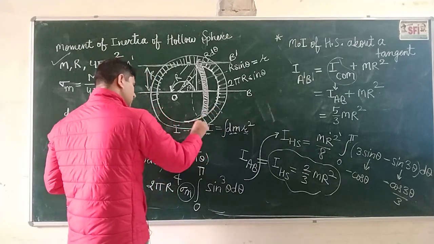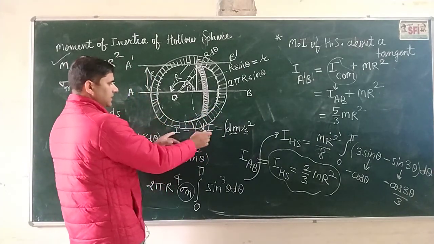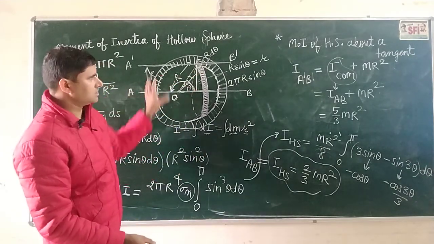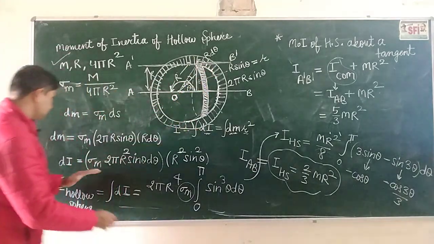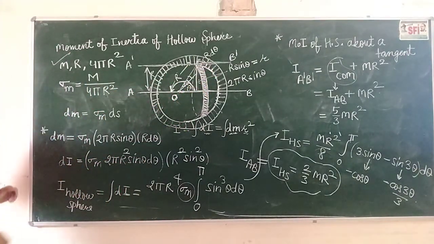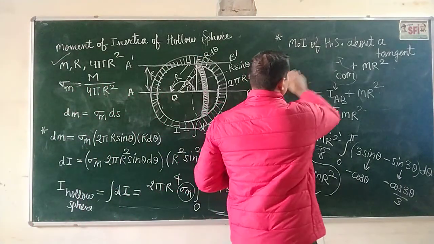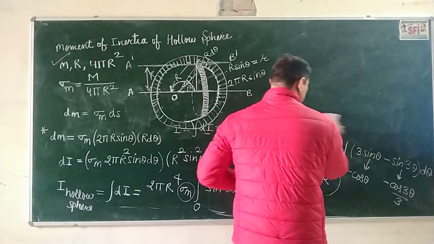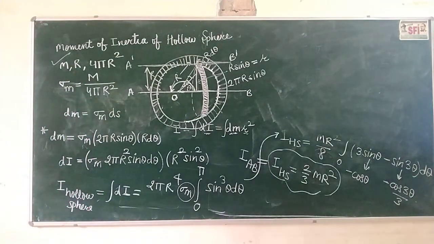Then you will have two radii, the inner radius and the outer radius, and you can find the moment of inertia of this cell from this relation. In that case, the surface mass density will change.